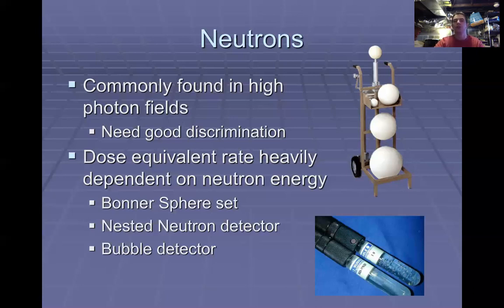So that's a challenge. That's why you have a detector like this that has many different sized plastic balls, because for something that gets detected on the small one but not on the big one, you can make guesses about the energy range of the neutron for that interaction.